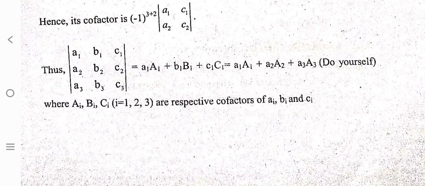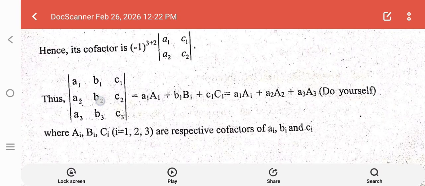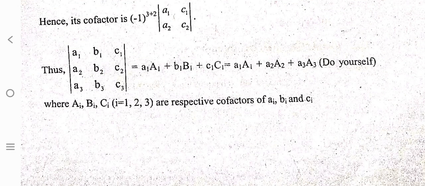In this way, we can write our determinant as follows. This is our original determinant, and we can expand it as small a1 times capital A1 plus small b1 times capital B1 plus small c1 times capital C1.